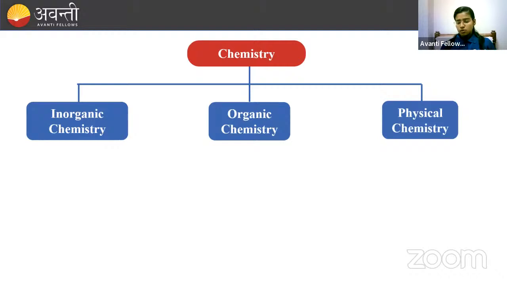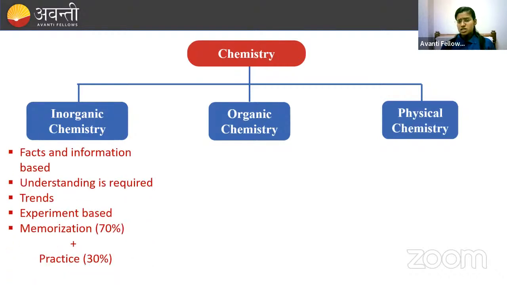Inorganic chemistry is a facts and information based chemistry. There will be more facts and more information about the periodic table in inorganic chemistry. And here understanding is required to learn the facts, because you will be given many trends that you need to study.